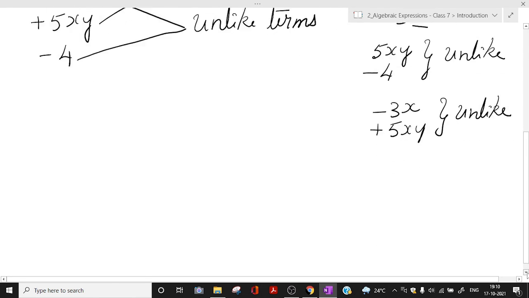Let me give you one more example. I'll write a lengthy expression with, let us say, 6 terms.